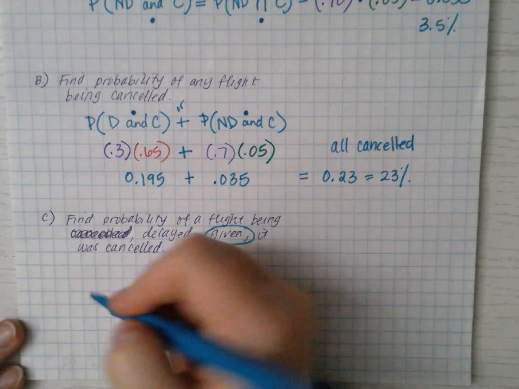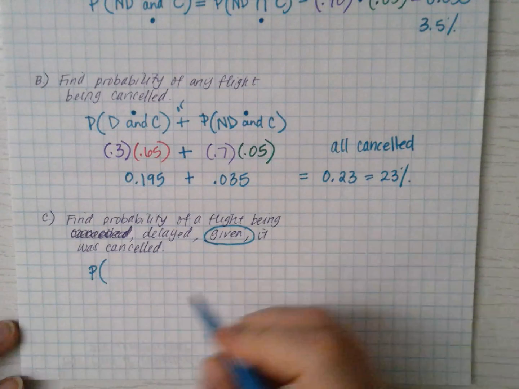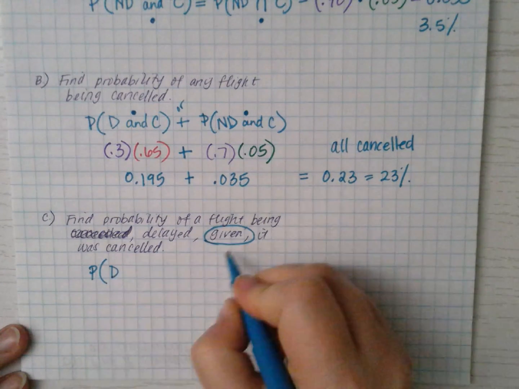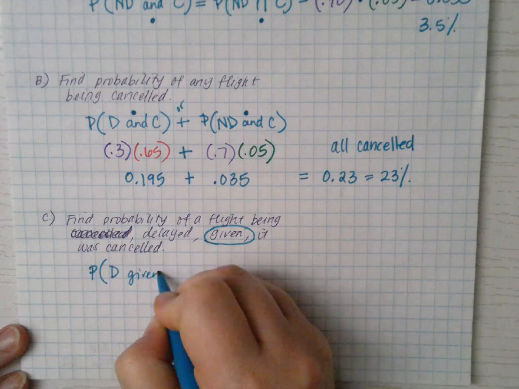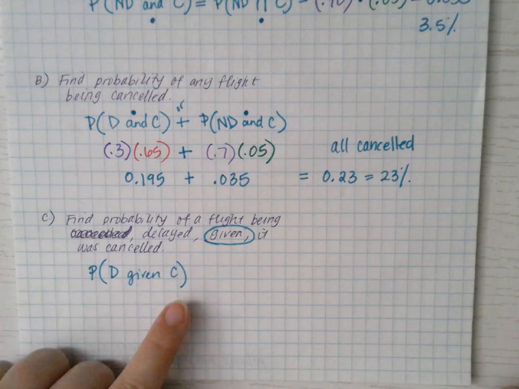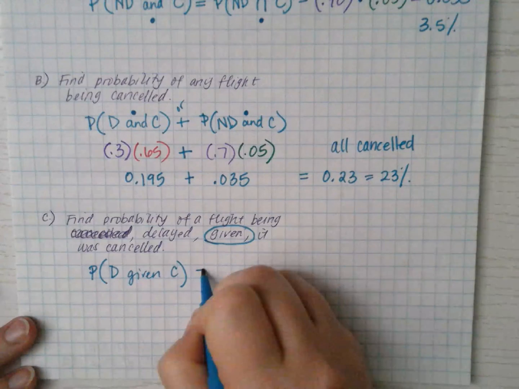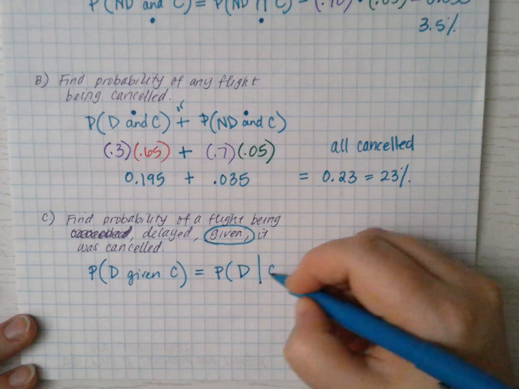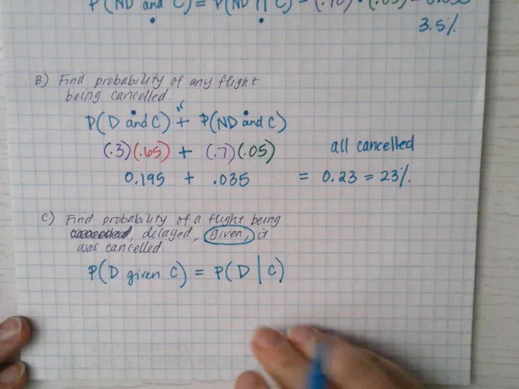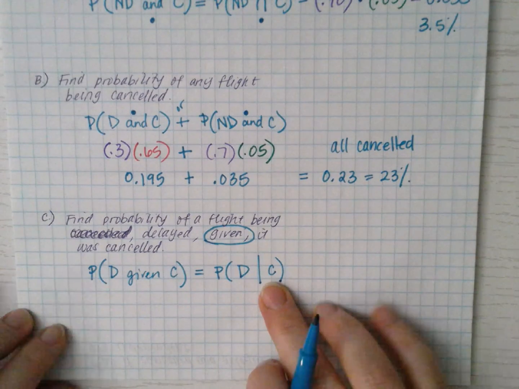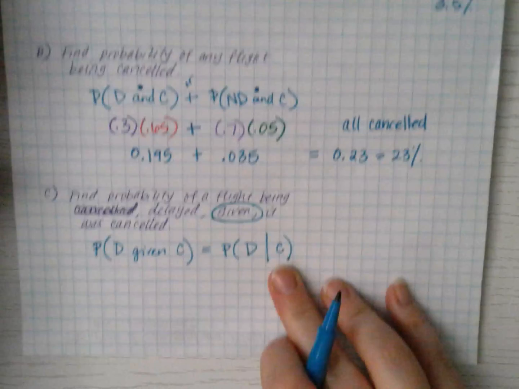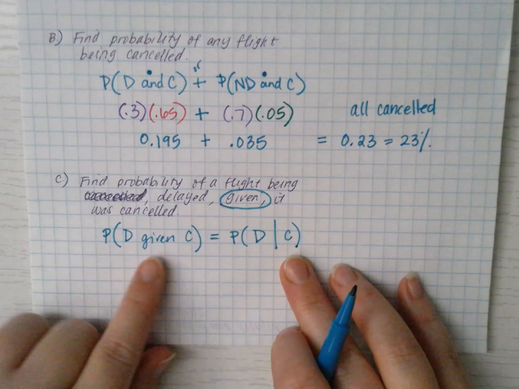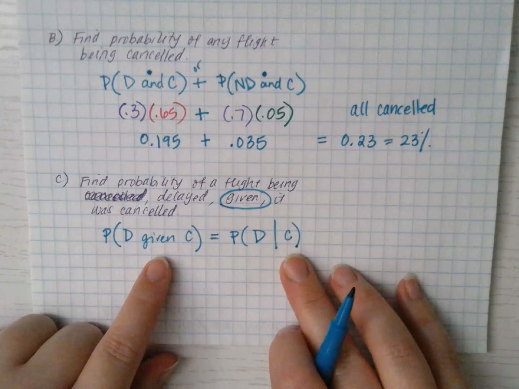The probability of a flight being delayed given it was canceled. Again, other notation that you can be seeing for this: probability, delayed, given, cancellation. So something to keep in mind, you can see it as a vertical line, or you can actually write out that word.